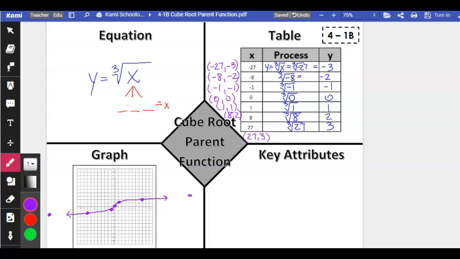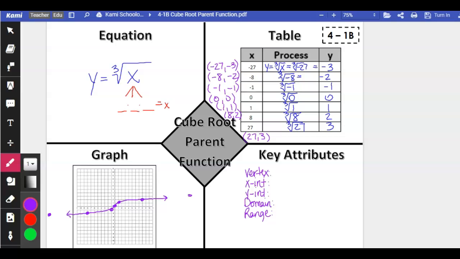All right, so we're going to talk about the vertex or turning point. We're going to talk about the x-intercept, the y-intercept. We're going to talk about the domain and the range.